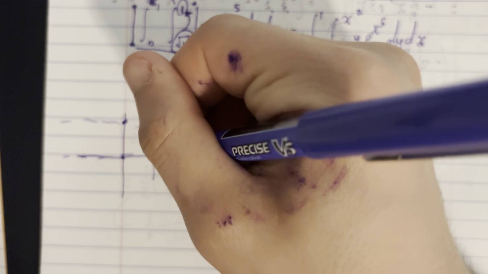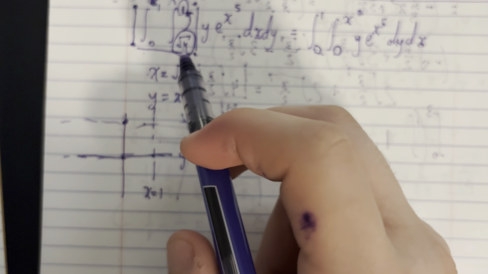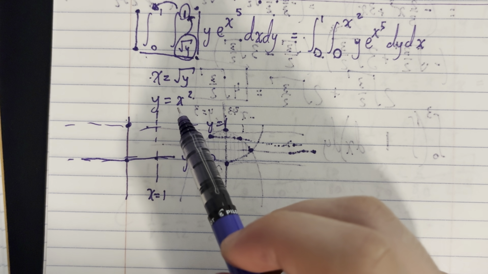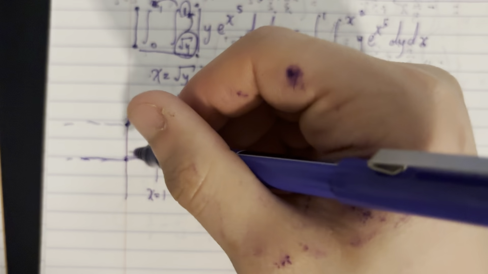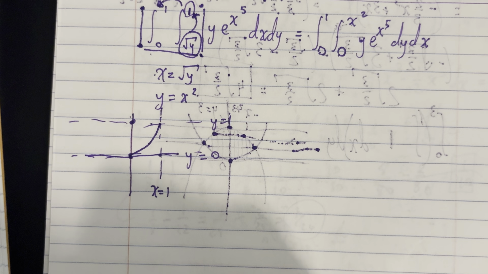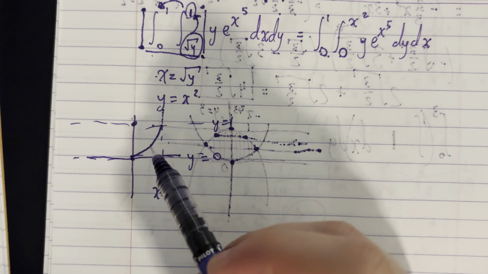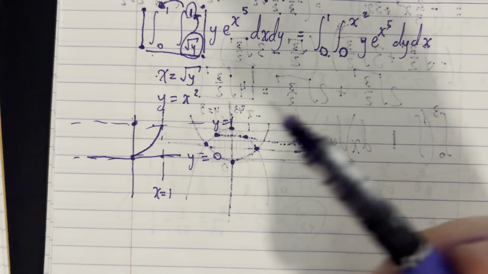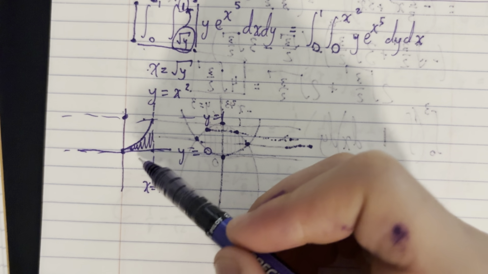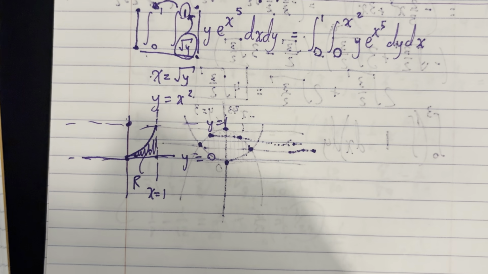So this is x equals 1. And he's starting at root y, which is the positive end of y equals x squared. So it's something like that. Okay. And you want the region that's bounded. He has a top side and a bottom side. The only part that's bounded is this right here. That's this guy right here, R. Okay.